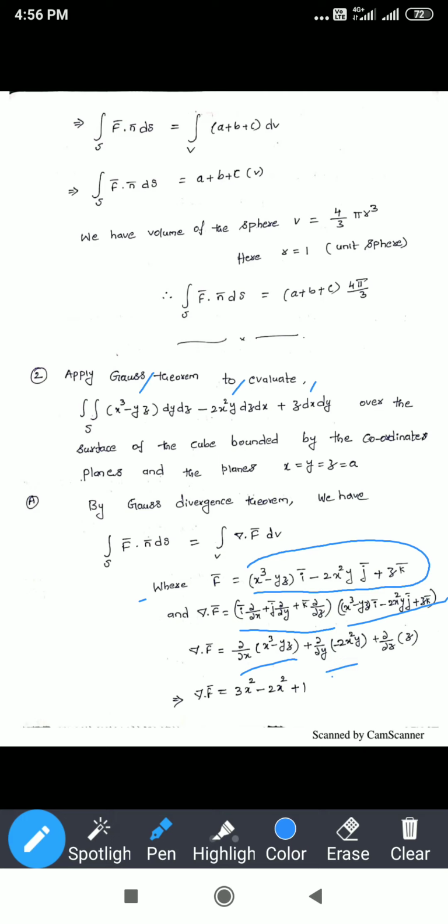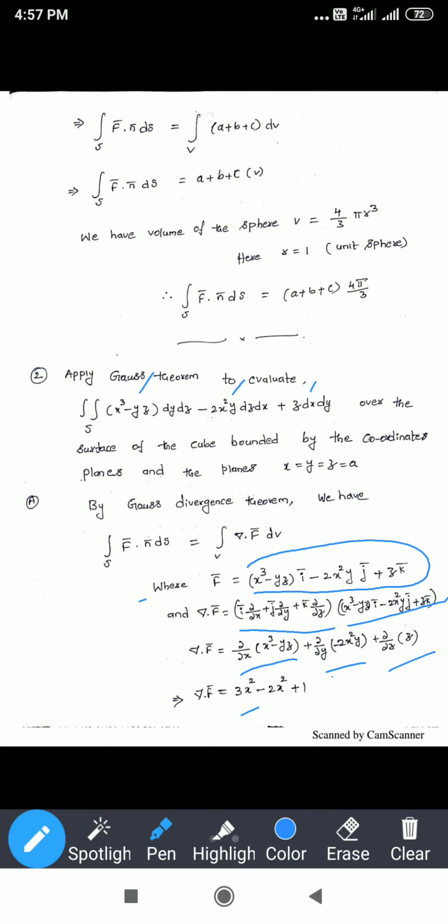The second term will be dou by dou y of minus 2x square y. The third term will be dou by dou z of z. So doing the partial differentiation: with respect to x, the first term x cube gives 3x square, and in the second term yz is a constant, so we get 0.